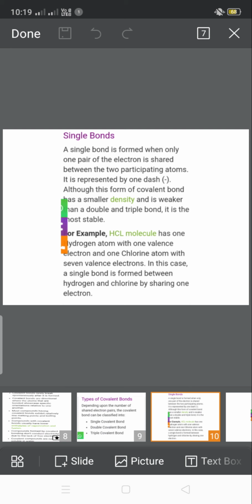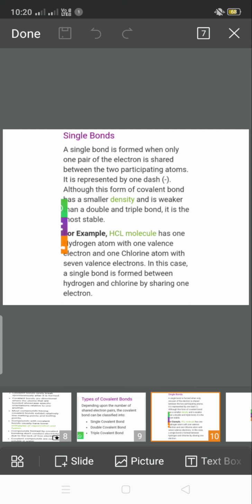Though this form of covalent bond has a smaller density and is weaker than a double or triple bond, it is most stable. The most common example is HCl: one hydrogen atom with one valence electron and one chlorine atom with 7 valence electrons. In this case, a single bond is formed between hydrogen and chlorine by sharing one electron.